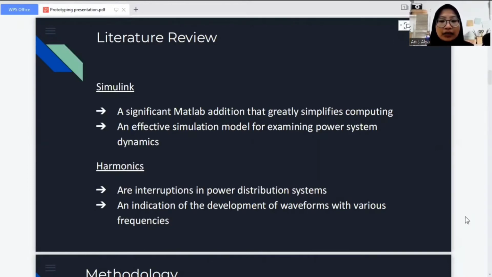It has a graphical user interface for generating block diagram modeling through drag and drop methods. Engineers can use MATLAB software to analyze a system in real time, including adding disturbance to the system. Harmonics are interruptions that happen in power distribution systems as a result of current wave and voltage disruptions.